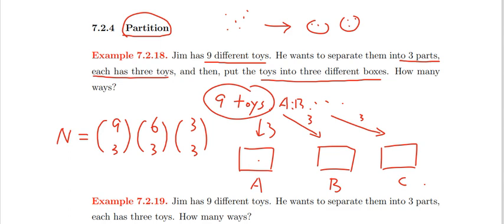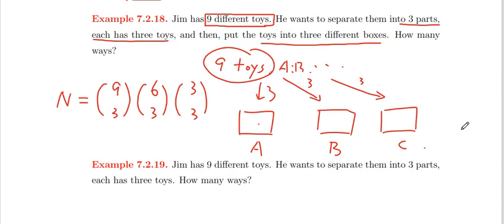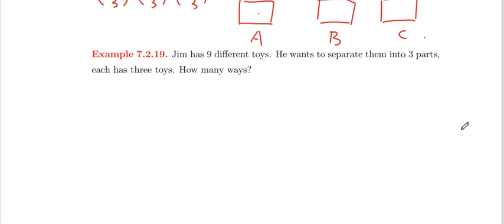Okay. So this problem we can regard as putting 9 different things into 3 different boxes. Now let's consider this problem. We want to split these 9 different toys into 3 parts. We just split them into these 3 parts, so each has 3.